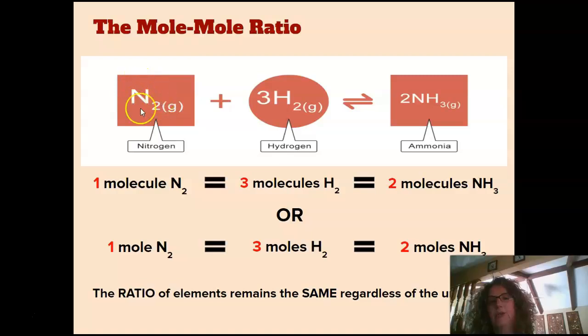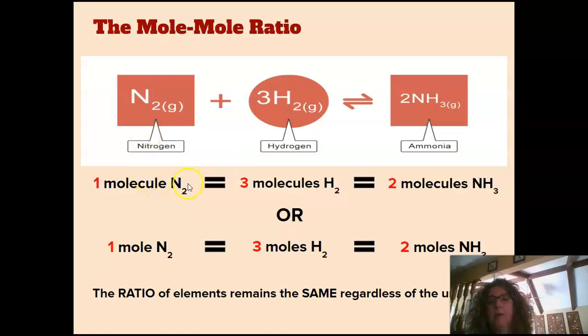I've got two nitrogen atoms here and two nitrogen atoms here. I've got three molecules of hydrogen, which is 6 hydrogen atoms, and 2 molecules of ammonia, which gives me 6 hydrogen atoms. The ratio is 1 to 3 to 2. No matter what happens in this chemical reaction, the ratio of nitrogen to hydrogen to ammonia is always 1 to 3 to 2.